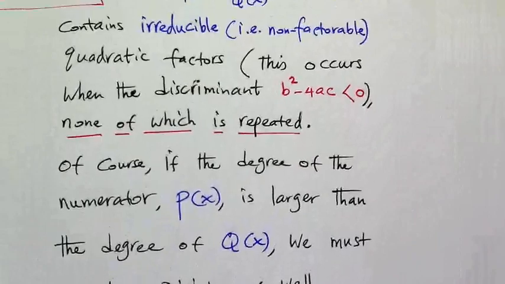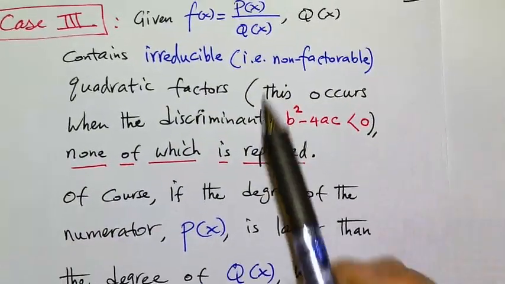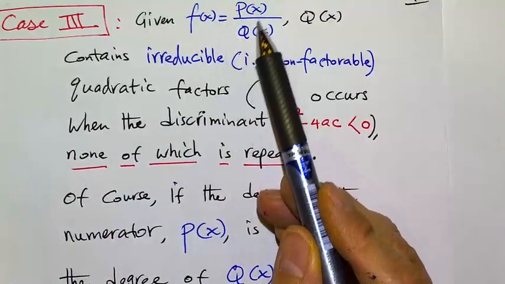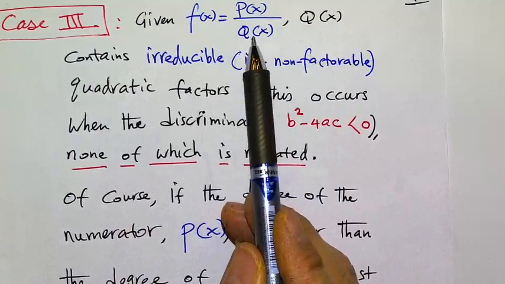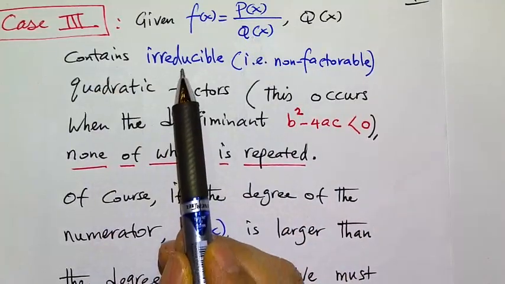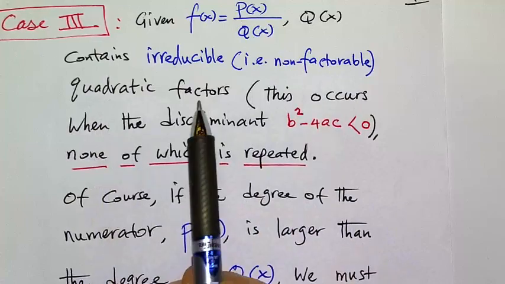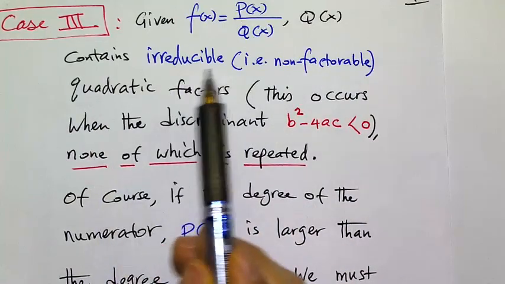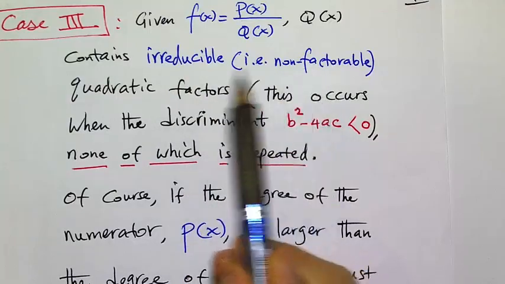Case 3 is as follows. So we have a rational function, f of x equals p of x over q of x, such that q of x, or the denominator, contains irreducible, i.e. non-factorable quadratic factors. Irreducible, that's a term your book uses, and I'm using it, but I'm defining it here.